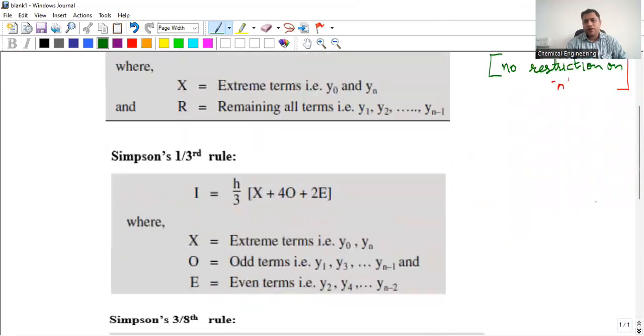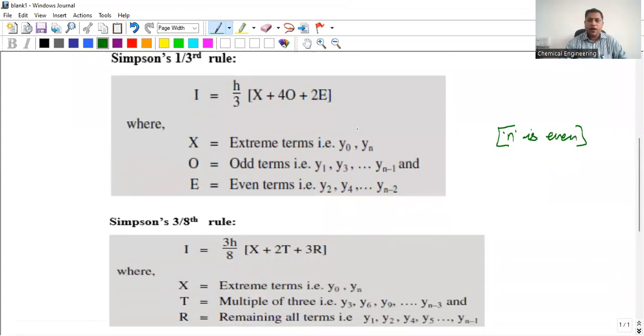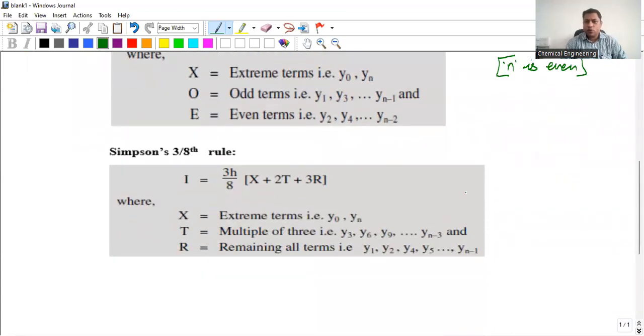In Simpson's 1/3 rule, n is an even number. And in the 3/8 rule, n is a multiple of 3.